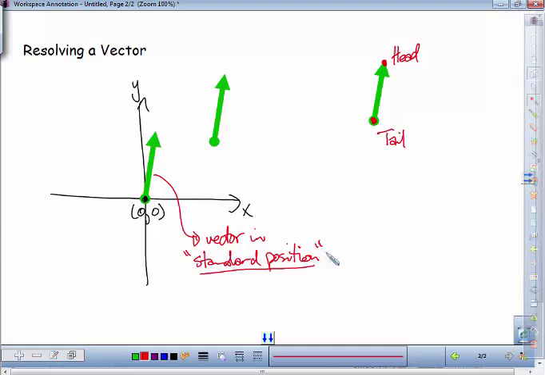So a vector in standard position just means the tail is sitting at the origin.